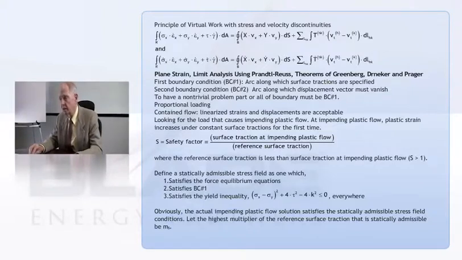The loads go up, and eventually you're going to get unrestricted plastic flow. That's what the whole thing is about. So they call this impending plastic flow. And also the linearized strains and displacements are used throughout this derivation. But that's not really a restriction for the kind of problems that you're working.